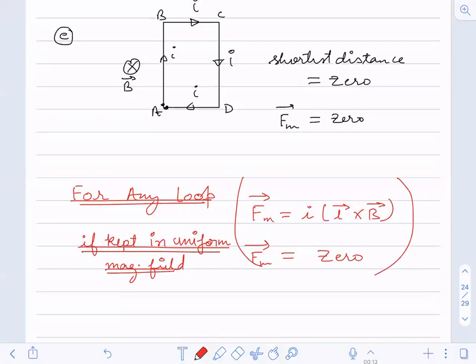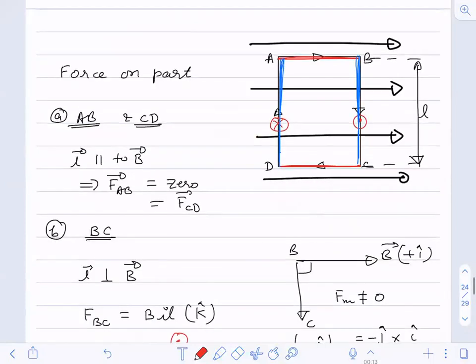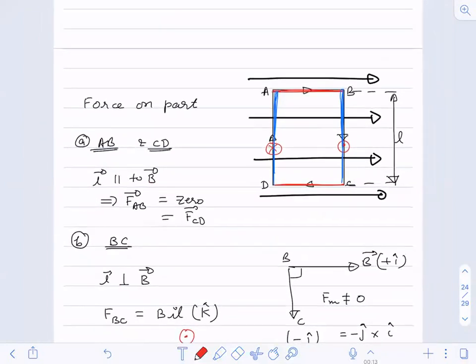We have analyzed how actually this is zero.